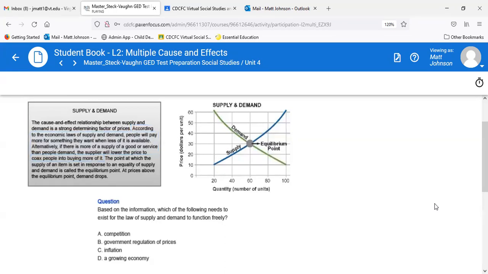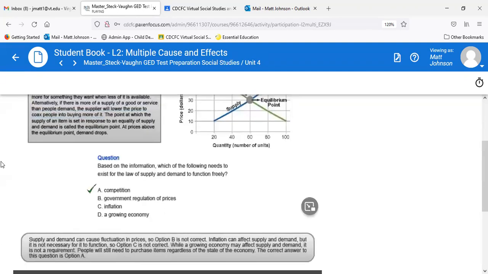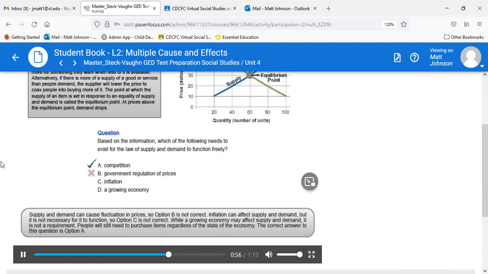Based on this information, you can conclude that supply and demand require competition to function freely because competition helps regulate prices and the supply of goods. Supply and demand can cause fluctuation in prices, so option B is not correct. Inflation can affect supply and demand, but it is not necessary for it to function, so option C is not correct. While a growing economy may affect supply and demand, it is not a requirement. People will still need to purchase items regardless of the state of the economy. The correct answer to this question is option A.